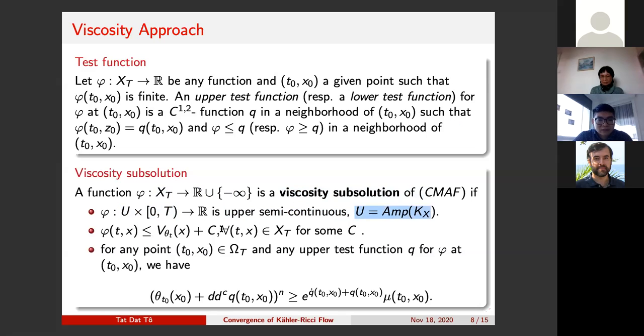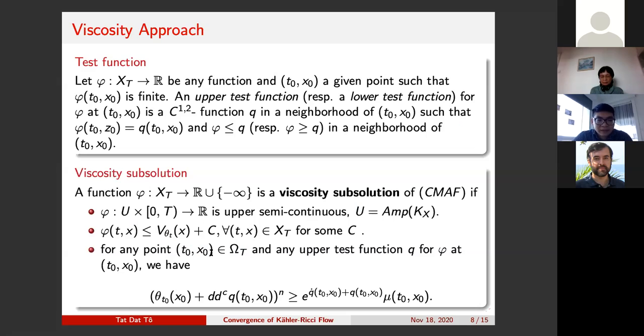Here is the definition of U. And then we have the control from above by the envelope with respect to theta_t here. The important thing is that at the point t0, sorry, it should be omega_t, it should be U_t. So it should be U times (0,T).